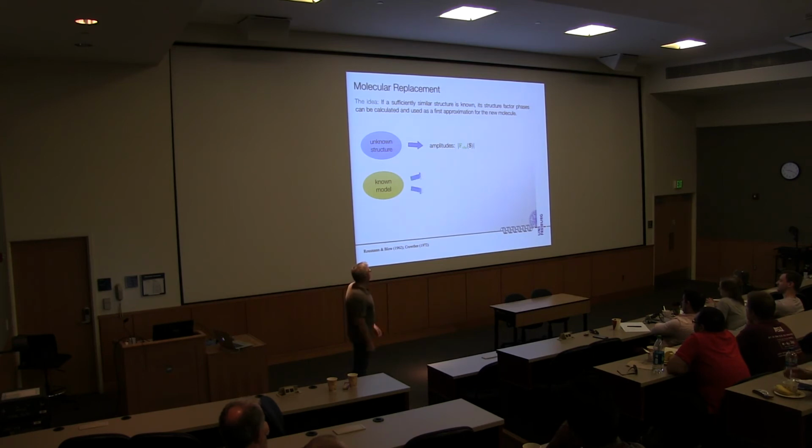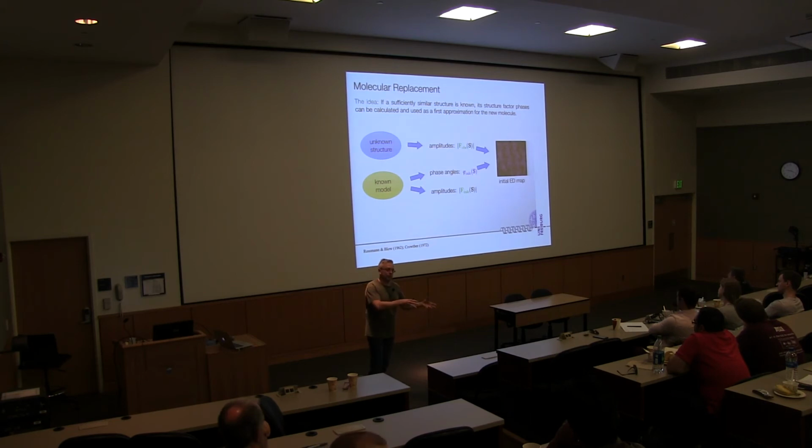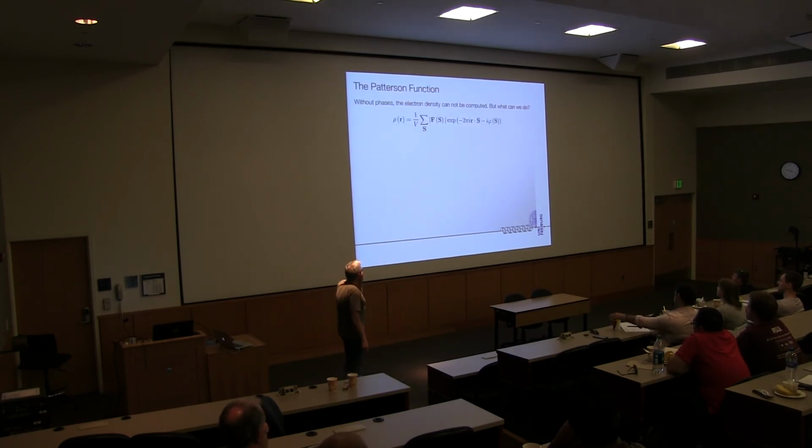This known model can be back transformed, because Fourier transform works both ways, into phase angles and amplitudes, and then you just take the phase angles of the model, if it's similar and in the same orientation, and make a first electron density map and see what happens from there. That's molecular replacement, but that's kind of boring because it means that there must be a very similar structure, otherwise it doesn't work.